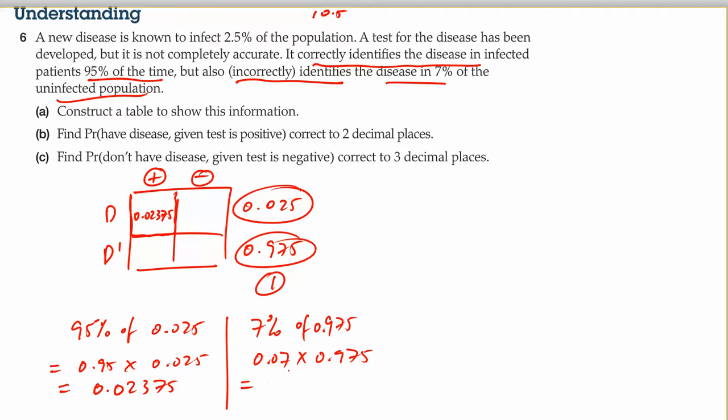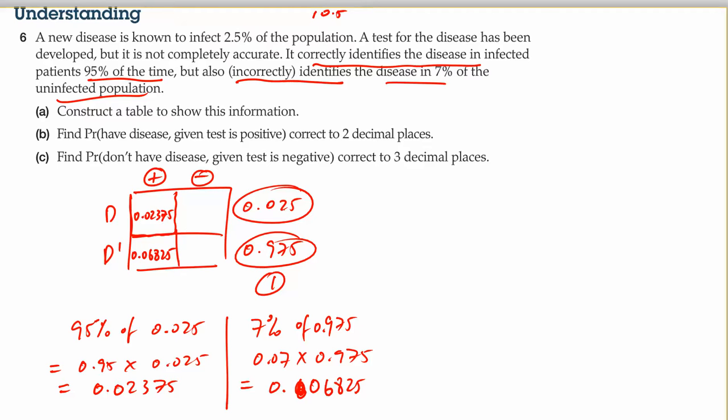When I work that out on my calculator, I get 0.06825.